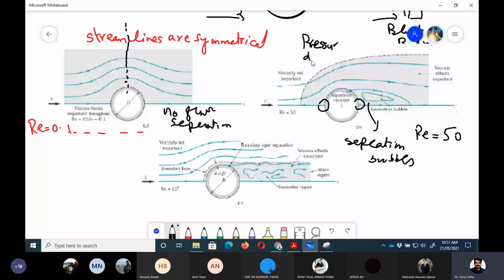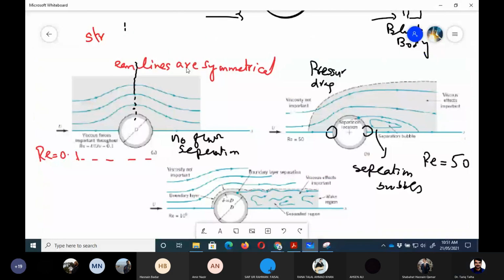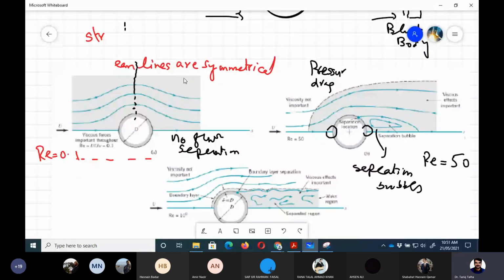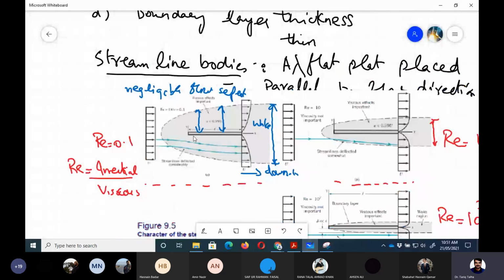Okay, if I go towards flow over a flat plate. Now, in all the cases, the major component of drag would be due to friction drag.